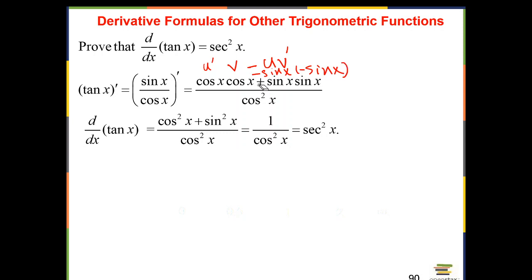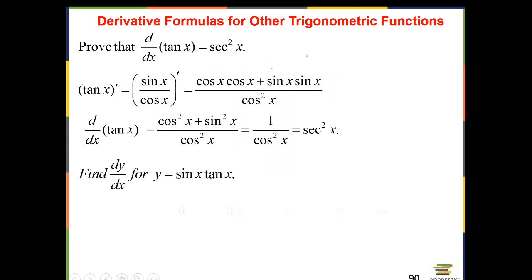So that's why we have a plus here, because a negative times a negative is positive. And the denominator would be cosine squared. So the derivative would be cosine squared plus sine squared over cosine squared, and we know that's an identity: cosine squared plus sine squared is 1. So 1 over cosine squared, and 1 over cosine squared is secant squared. So we proved it. The derivative of tangent is secant squared.